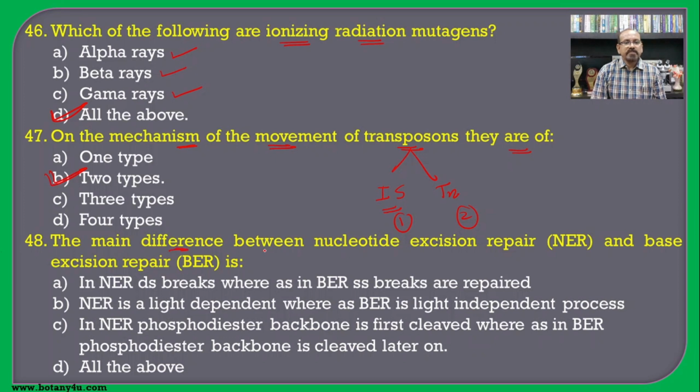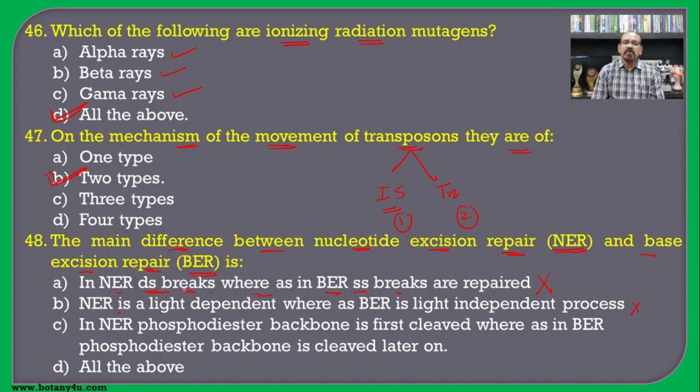The main difference between nucleotide excision repair, that is NER, and base excision repair, that is BER, is, so if you see that NER repairs double stranded breaks whereas in the BER single stranded breaks are repaired. So this is the wrong one. NER is light dependent whereas BER is a light independent process.